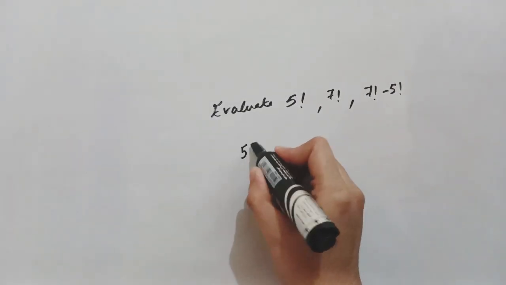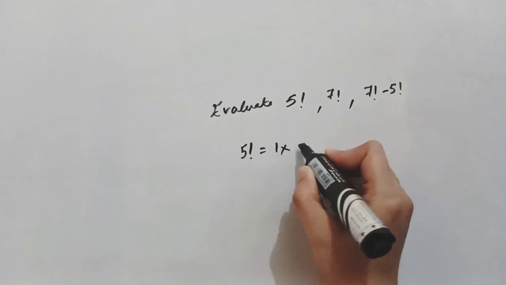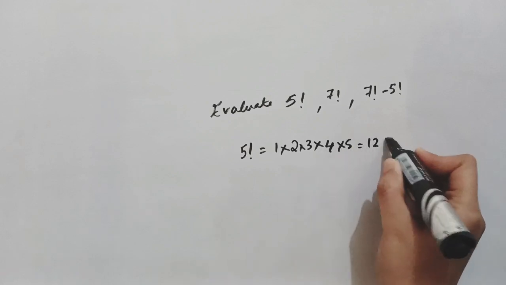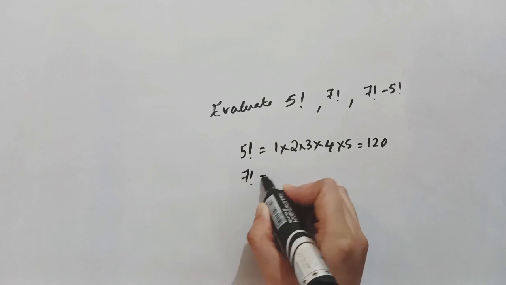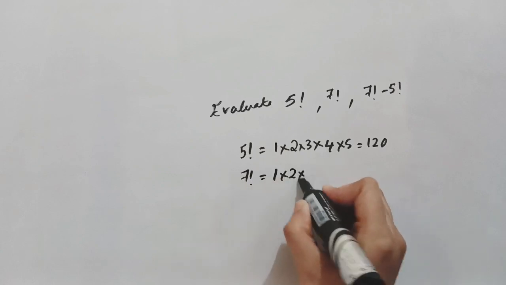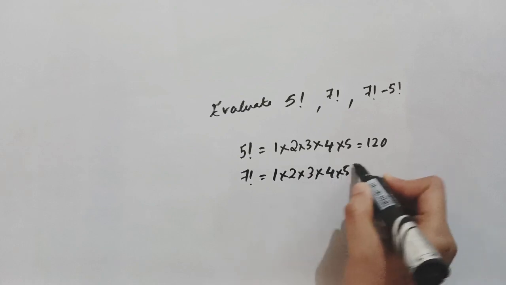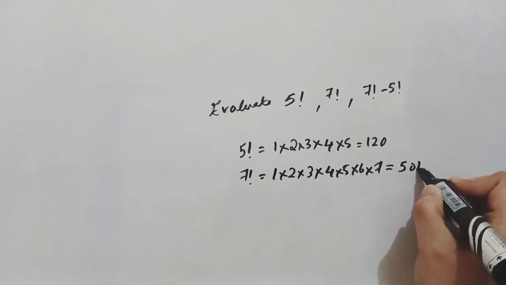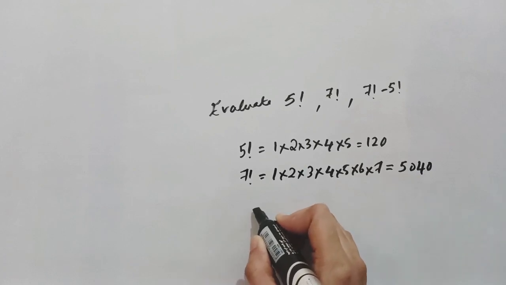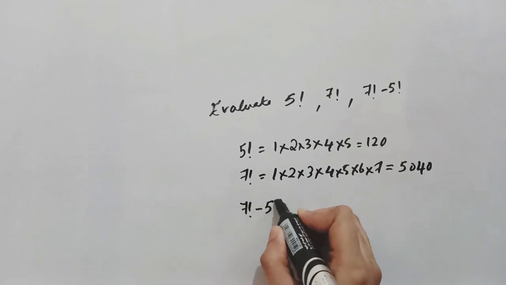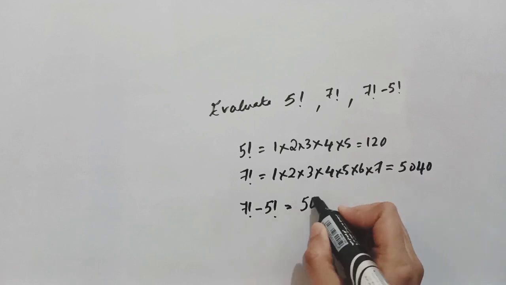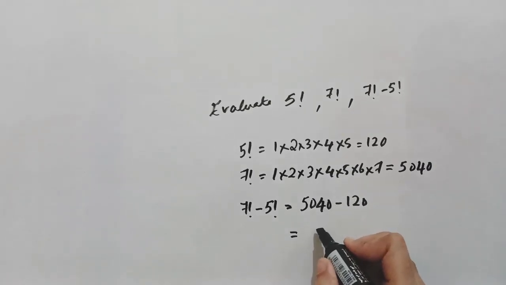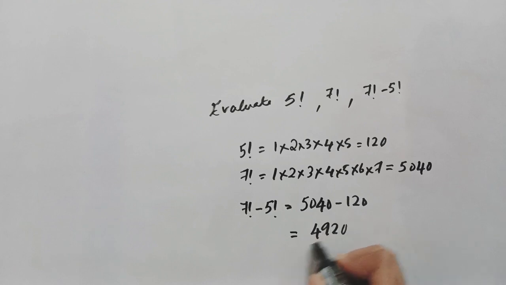Solution: 5 factorial equal to 1 into 2 into 3 into 4 into 5, which is equal to 120. 7 factorial equal to 1 into 2 into 3 into 4 into 5 into 6 into 7, which is equal to 5040. Therefore, 7 factorial minus 5 factorial equal to 5040 minus 120, which is equal to 4920.